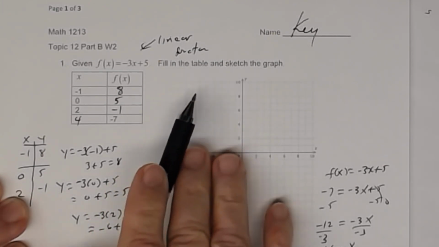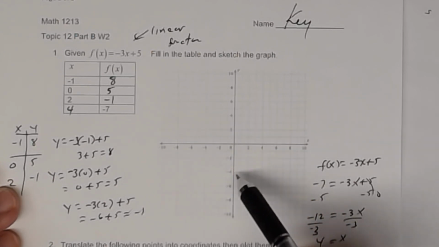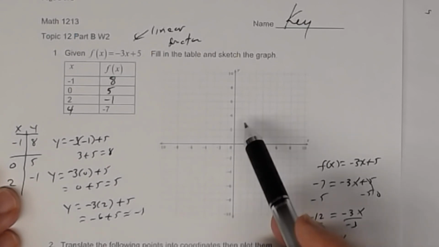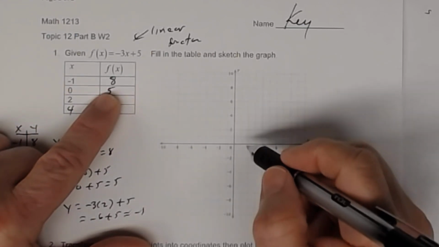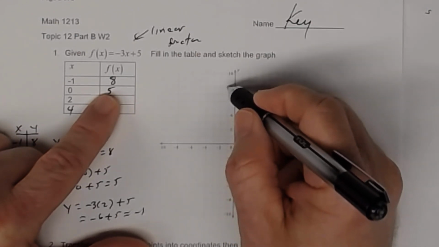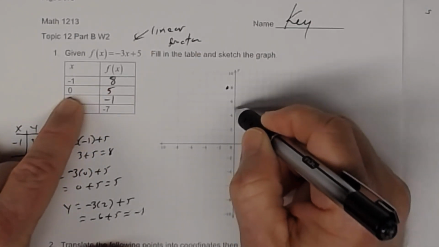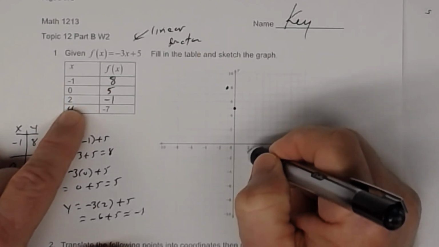Now remember that they want you to graph this. You can't see this very well, it's kind of blurry on camera. But when x is -1, I get a y value of 8, so -1, 8 is about here. 0, 5 is here. 2, -1 is here.